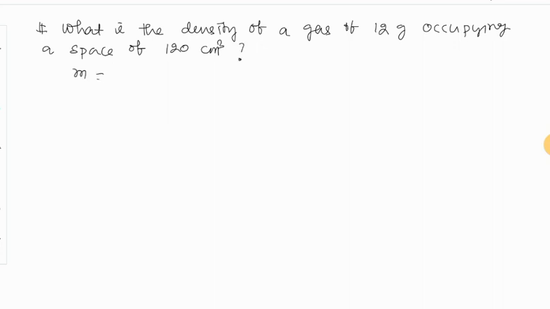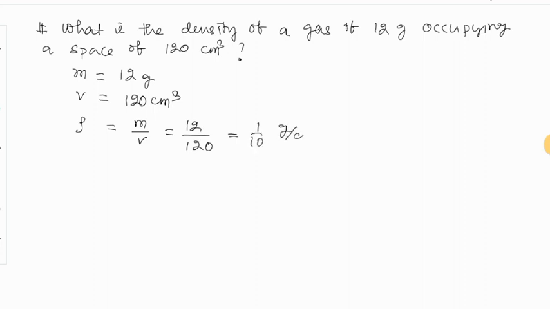Mass is given 12 gram, volume is given 120 cm cube. What is density? Mass by volume. That is 12 by 120. Result is 1 by 10 gram per cm cube, or 0.1 gram per cm cube.